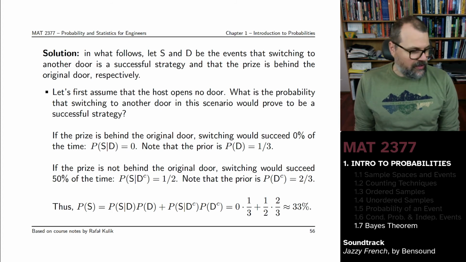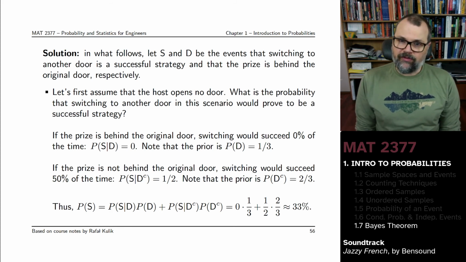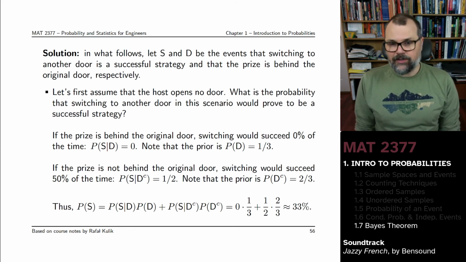And so the probability that the switching is successful if the prize was not behind the original door would be 50%. And the prior for that is 2/3. Because there's 67% chance that the prize would not have been behind the original door you selected.